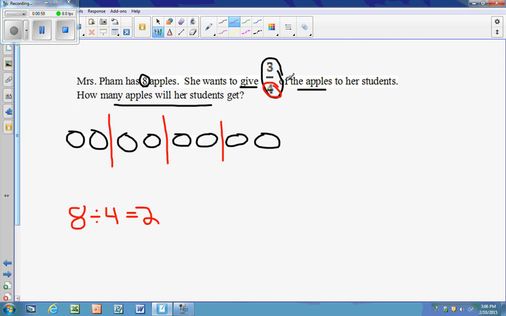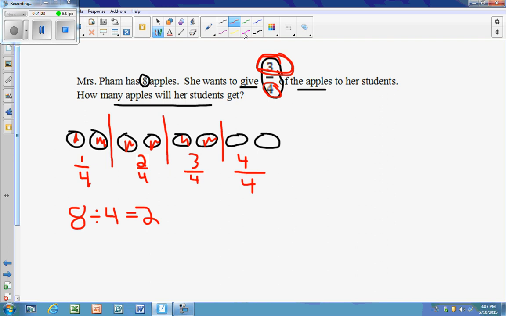Then I go back up here and I look at my numerator and I want 3 of my fourths. So we know that this is 1/4, this is 2/4, this is 3/4, and this is 4/4. So I'm going to shade in 3/4 because we're talking about 3/4.